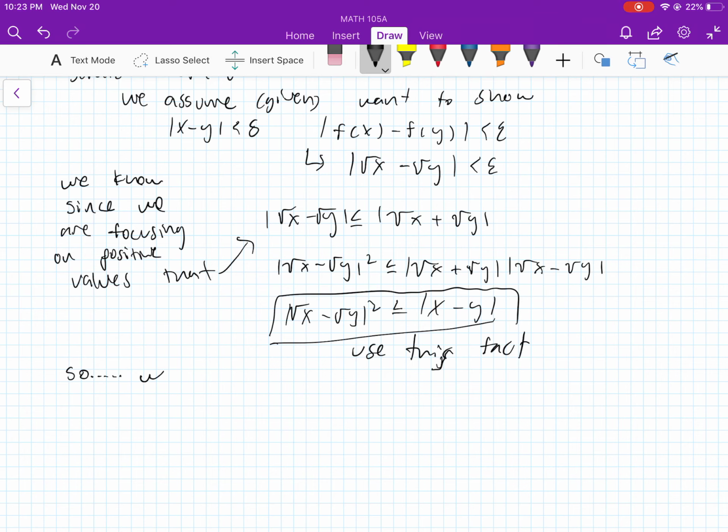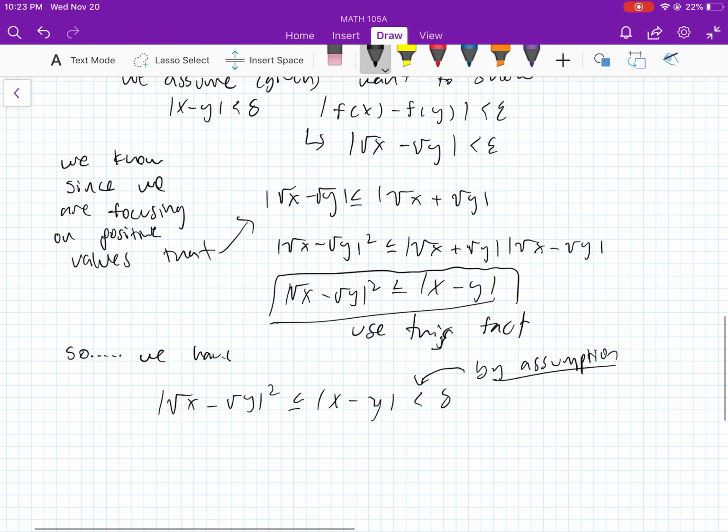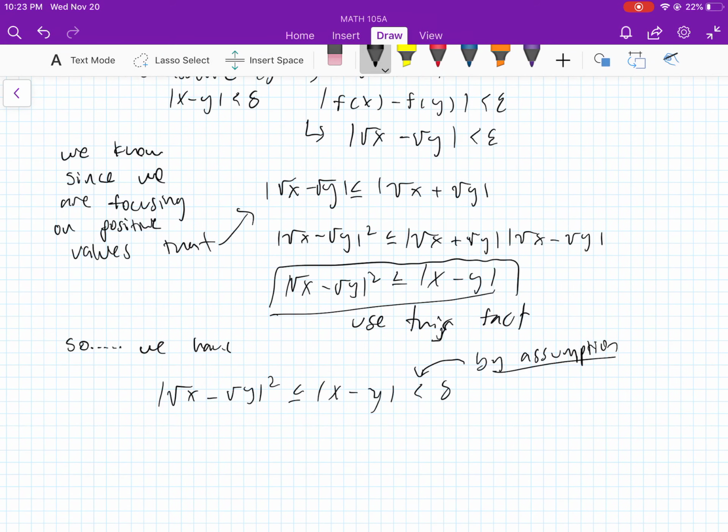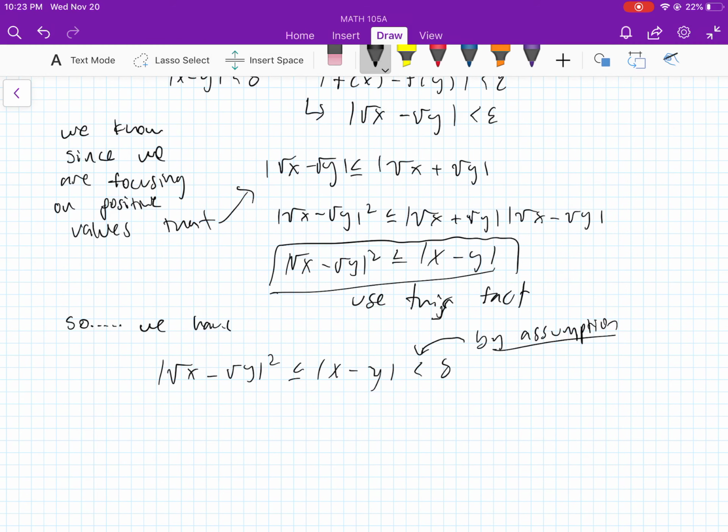But this right here, the fact that we just found, is going to be the main thing that helps us, right? So right now I'm just rewriting that inequality, and I'm adding the assumption that x minus y is smaller than delta. And we want to essentially show that square root of x minus square root of y is smaller than epsilon.